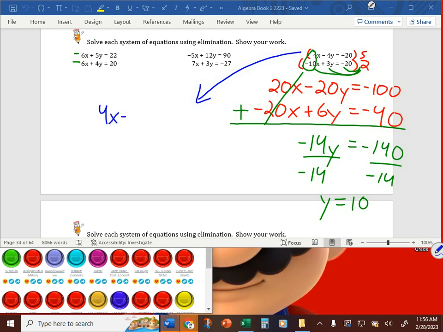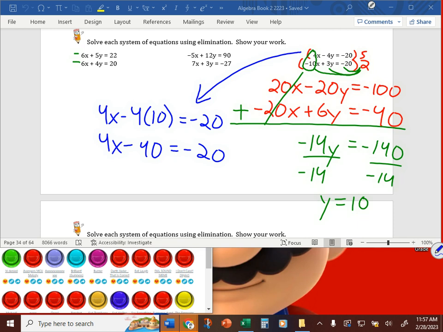So 4x minus 4 times 20 equals negative 20, right? Not 4 times 20, 4 times 10, sorry. 4 times 10, y is 10. Okay? So 4x minus 40 equals negative 20.